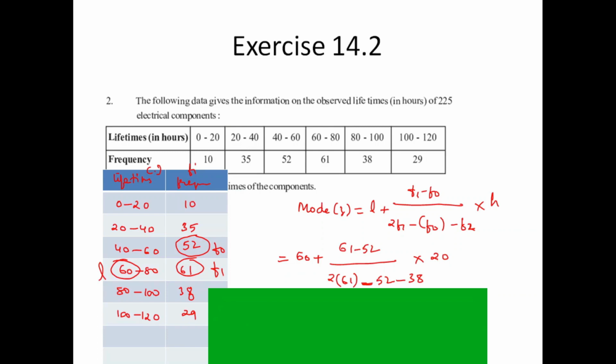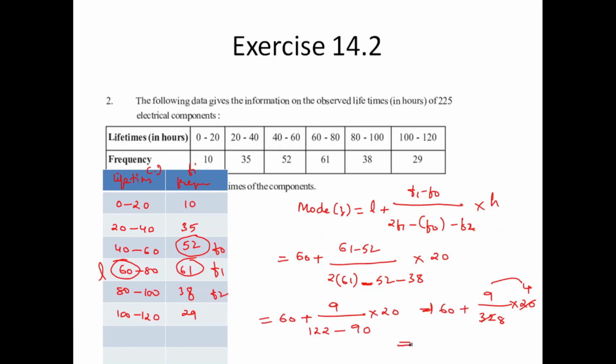So this is 60 plus 9 into 20 divided by 32. Doing 9 into 20 gives 180, divided by 32. Now dividing 45 by 8, 5 times 8 goes to 40.